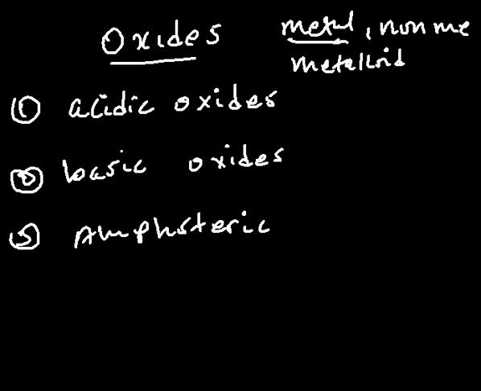Elements in group 1 as well as group 2 produce metal oxides, and they are the ones responsible for basic oxides.